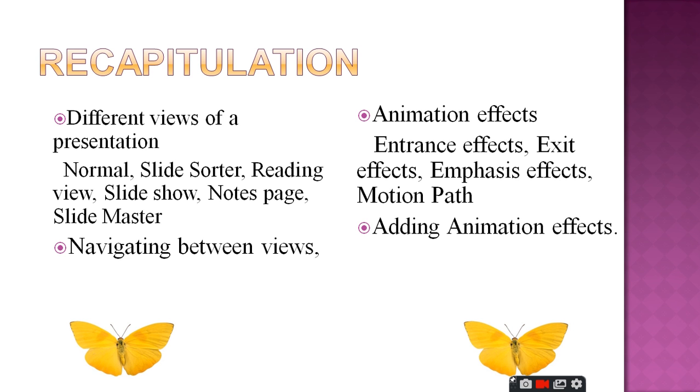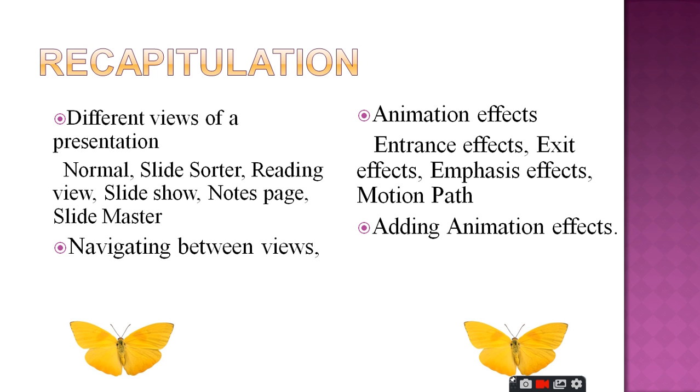So in this way, we discussed different views of your presentation: normal, slide sorter, reading view, slideshow view, notes page view and slide master view. As you know, the normal view can be obtained by clicking the View tab and selecting Normal from the available options. The slide sorter can be obtained by clicking the View tab and selecting Slide Sorter.